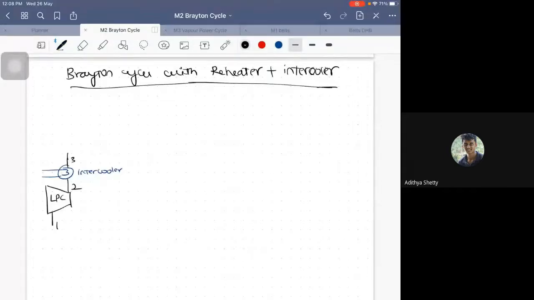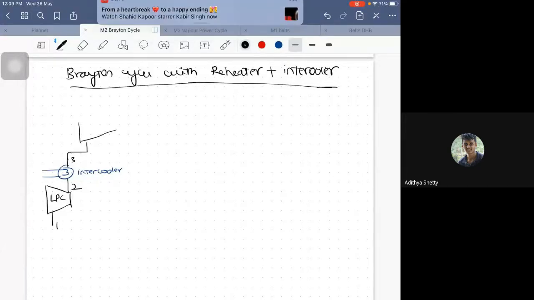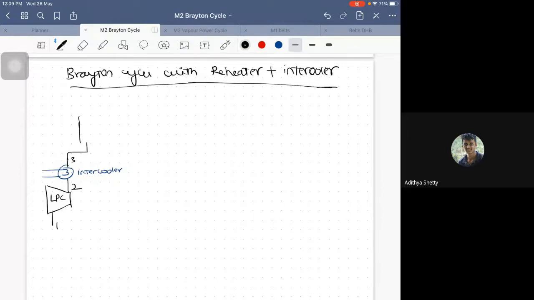After cooling, it is sent to a high pressure compressor, where it gets compressed up to state 4.